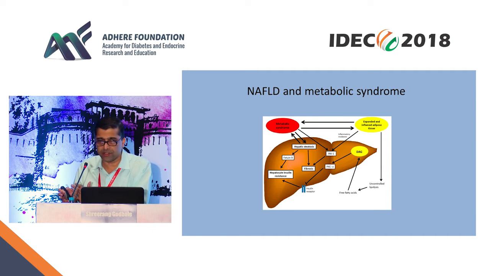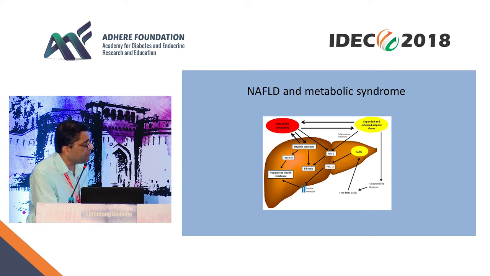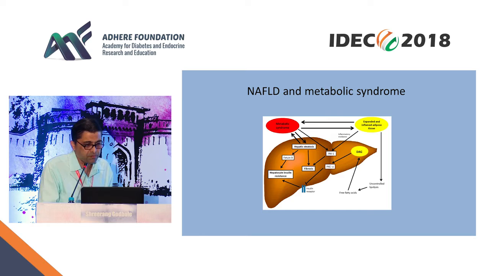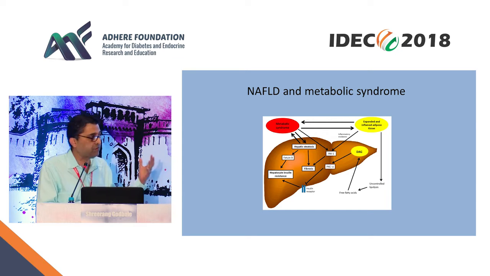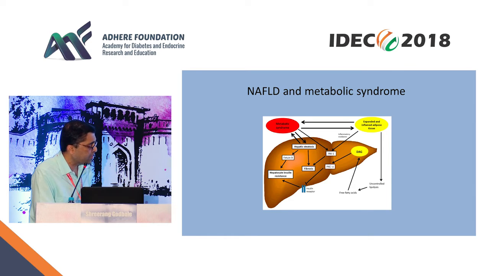Just before triglycerides are produced, you have a product called diacylglycerol. So the level of diacylglycerol in the liver will finally influence the insulin resistance at the level of the liver. What happens is it activates protein kinase C epsilon, decreases the insulin signaling at the level of the insulin receptor, leading to hepatocyte insulin resistance.